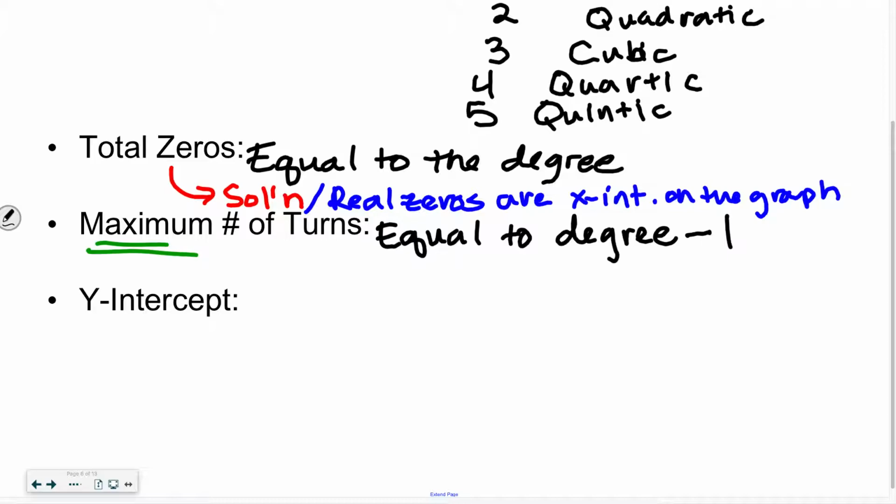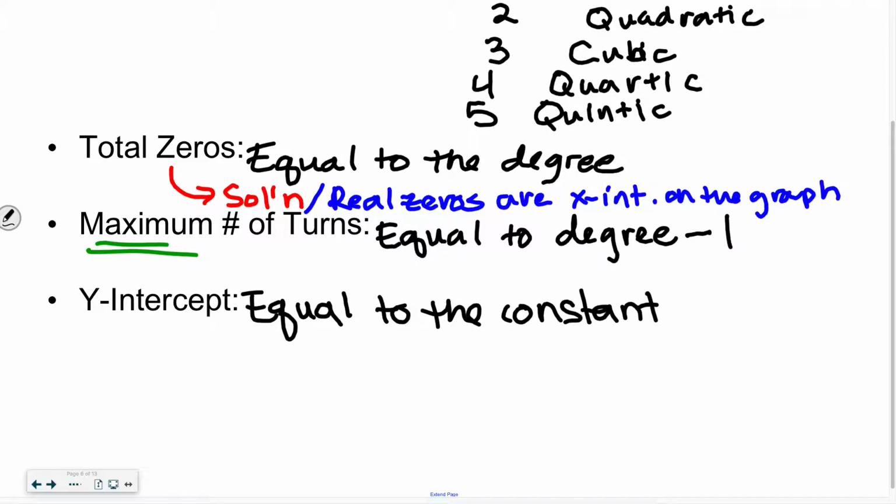X is 0. So if you were to plug 0 in for x in your polynomial, what would it equal? The y-intercept. And what's the only thing going to be left over when we plug 0 in for all the x's? The constant. So the y-intercept is equal to the constant.